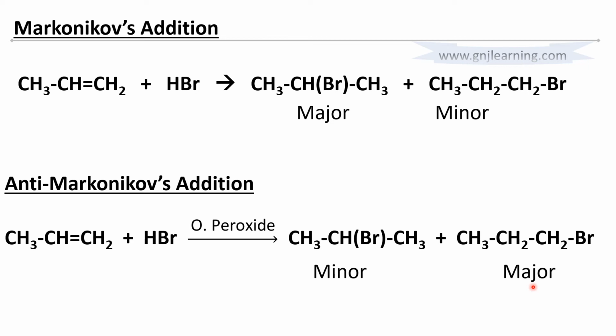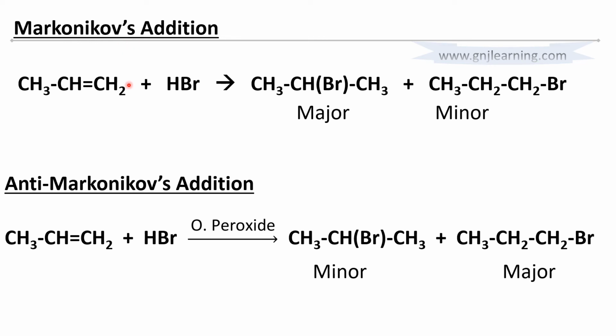In the case of symmetrical alkenes, you will have only one product, whereas in the case of unsymmetrical alkenes, you will have two products. One will be major and the other will be minor. The major will be where we have this secondary carbon, which is more stable, and it is called Markovnikov addition.